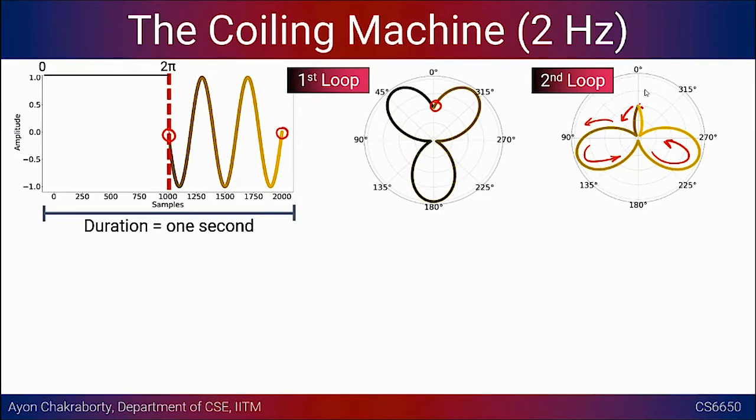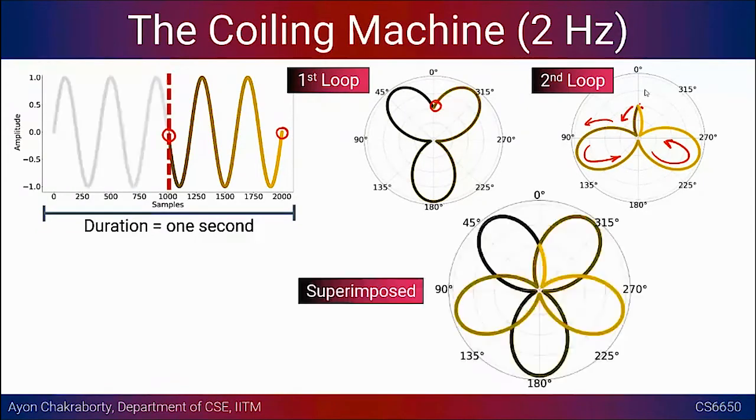From 0 to 2 pi is the first loop, 2 pi to 4 pi is the second loop, right? If a third loop could be present. So if you do a superimposition of these two loops, what you get at a rotation speed of 2 Hz is a picture like this, right? So the layout of the different samples in the frequency or in the angular domain will be this.